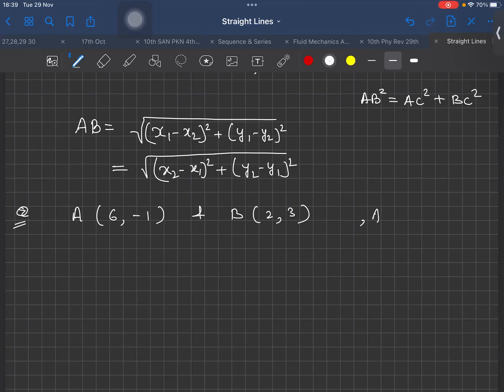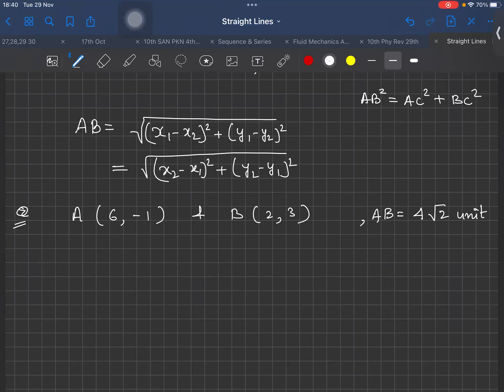So 4 square plus 4 square, 16 plus 16, 32. So that is 4 root 2, isn't it? So 4 root 2 units. Because it's a distance, you must write the unit.